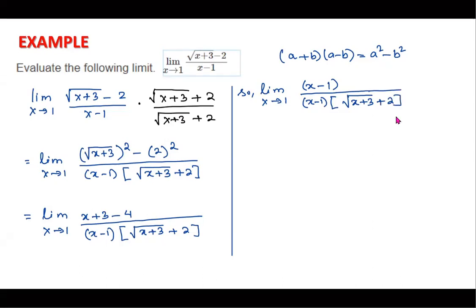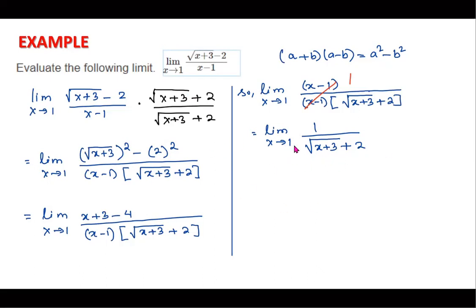Now see that problematic x minus 1 gets canceled because x minus 1 over x minus 1 is 1. So what we get is the limit as x approaches 1 of 1 over square root of x plus 3 plus 2. Now you can perform the direct substitution.